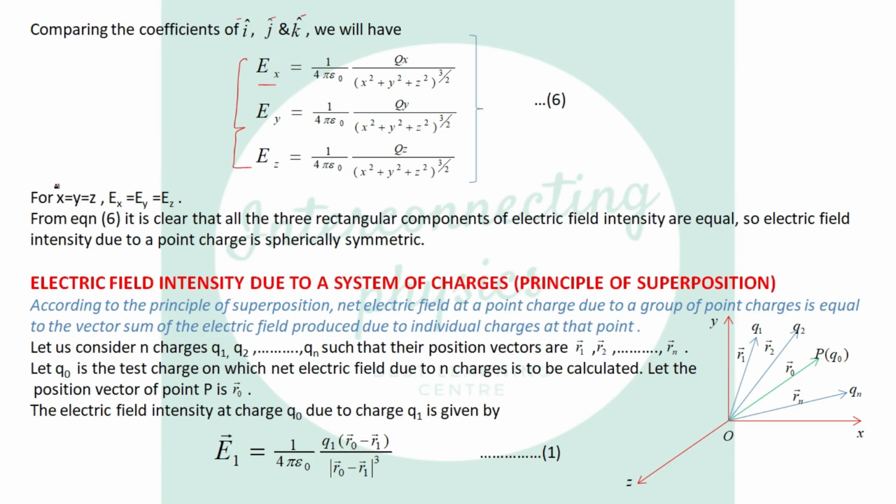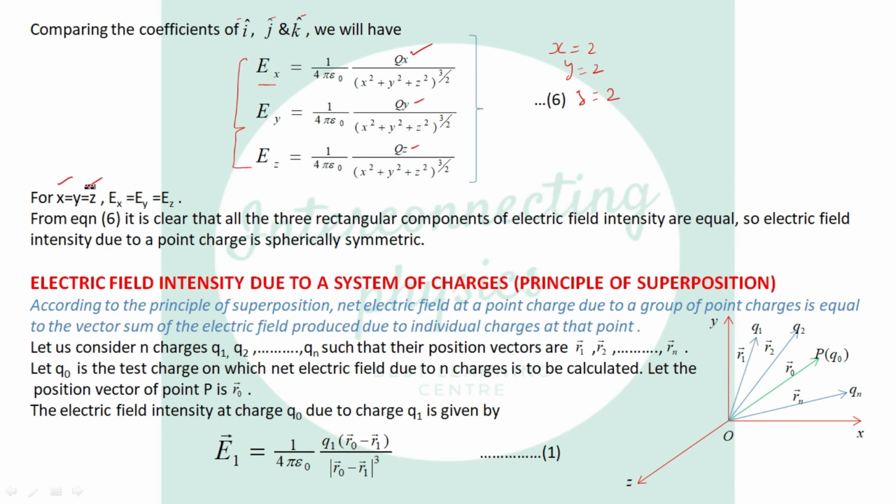Now note that for x equal to y equal to z, if we put x equal to 2, y equal to 2, z equal to 2, you see the values of Ex, Ey and Ez will all become equal because there is only one difference in this equation, that is x, y and z. All the rest of the terms are the same.